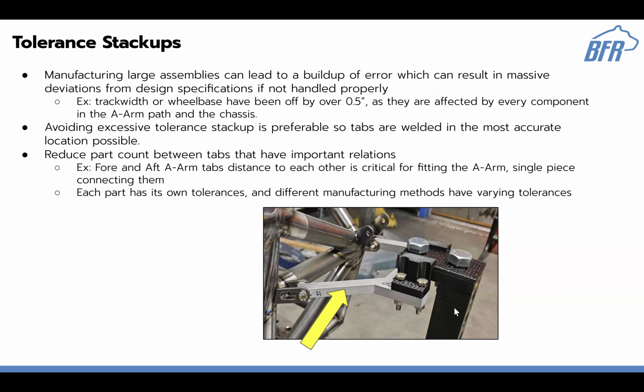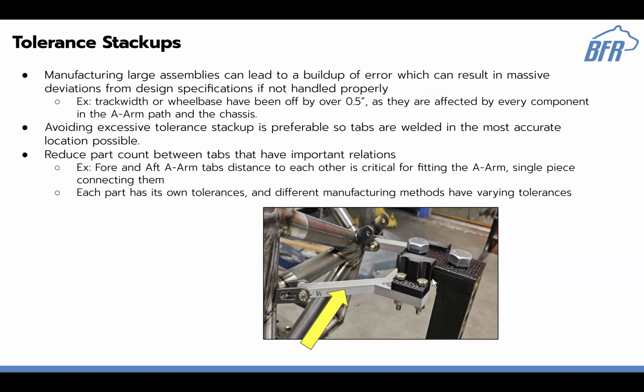Which now goes to the table, which is a fourth part. And then I go all the way to the rear right upper A arm, right? If I'm trying to measure the width, we're seeing everything in that path. On the right side, it's again the same thing, so that's another three components. So even if my direct critical dimensions are pretty good, it's pretty easy to build up a big stack up of error across the entire car.